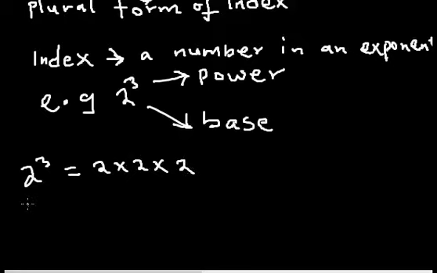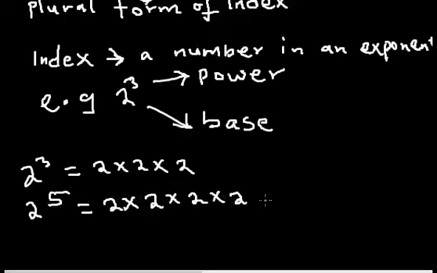And if it is 2 raised to the power 5, it's never 2 times 5. It's 2 times 2 times 2 times 2 times 2, five times. Of course, this gives you 8, and this gives you 32.